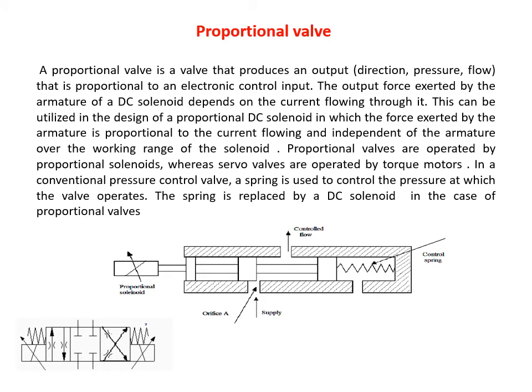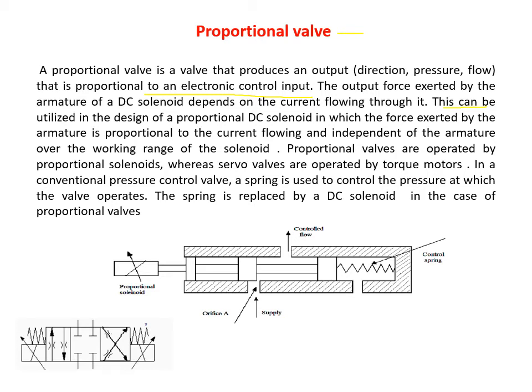So the next type of valve under study is called a proportional valve. Proportional valves are those which produce output in the form of direction, pressure or flow that is proportional to the electronic control input. The output force exerted by the armature of a DC solenoid depends on the current flowing through it.